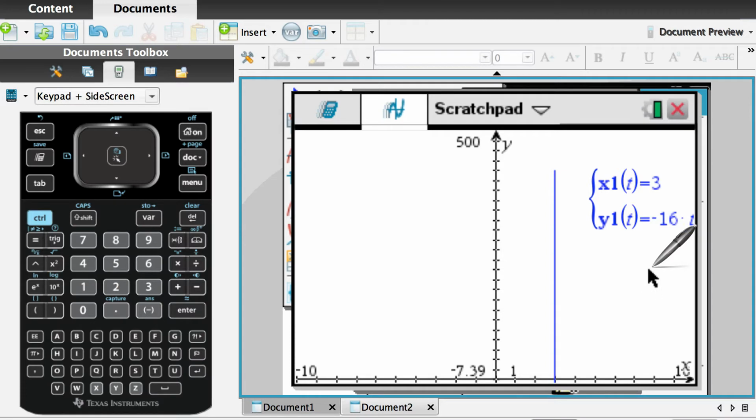Now, if that was a little bit confusing for you, don't worry, I'm going to explain everything here, but I wanted to show you that parametrics basically enable you to capture the real path of the object, and it graphs an x and y position as time is going forward.